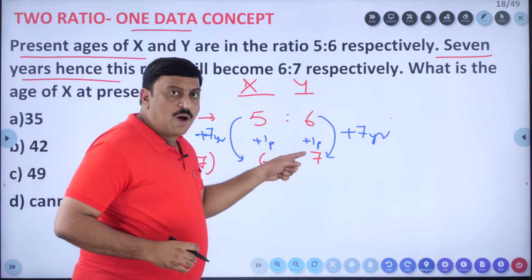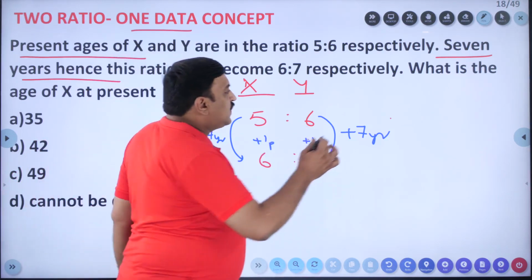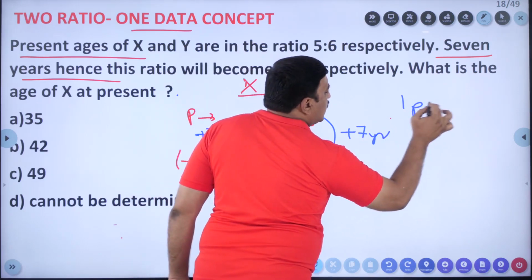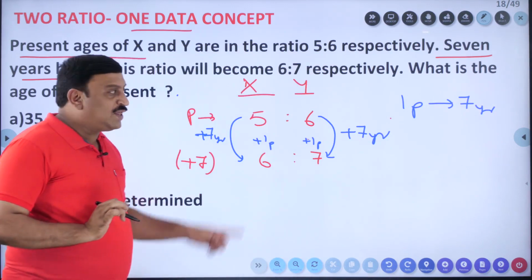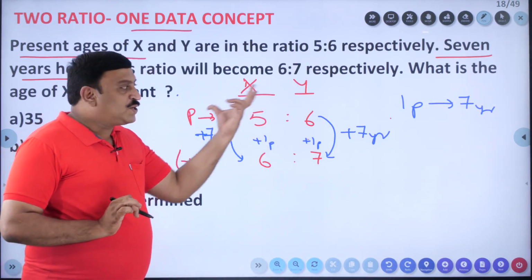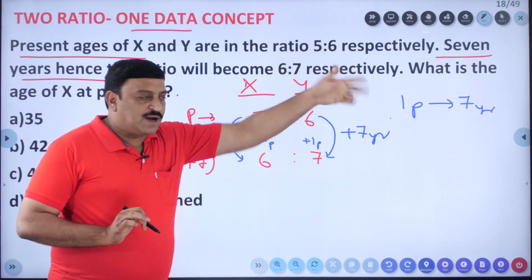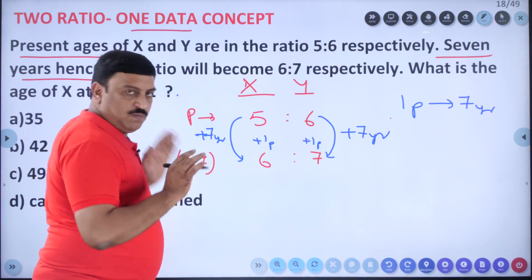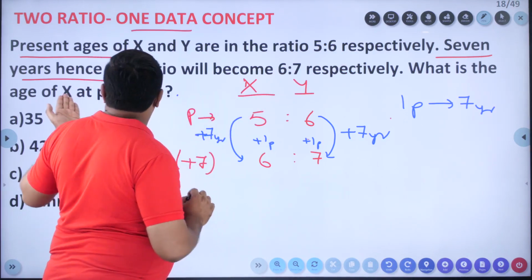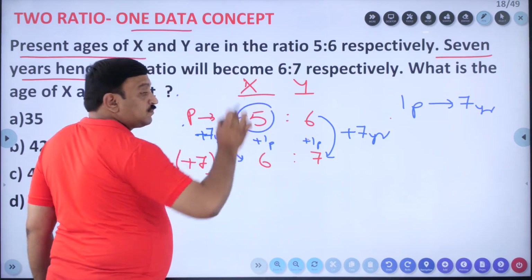So, one part of the ratio is equivalent to 7 years. Fine, we got that one relation. Ratio parts and the original data are equated. Now, directly after 7 years, fine. What is the question now? It is the present age of x. What is the present age of x? How many parts?